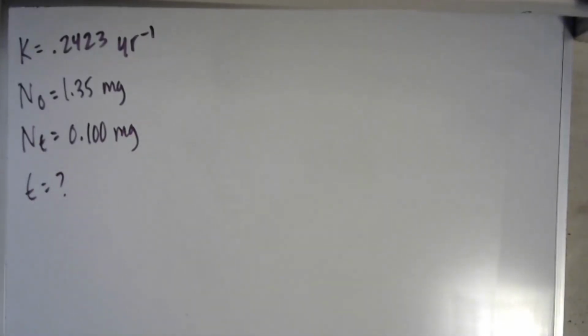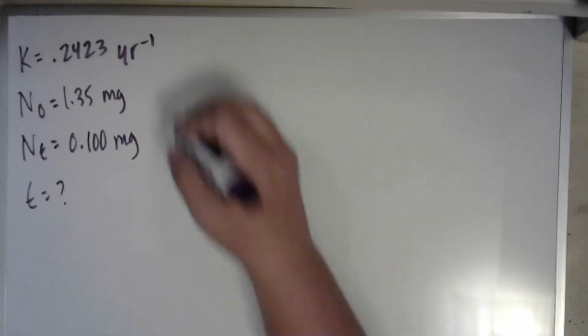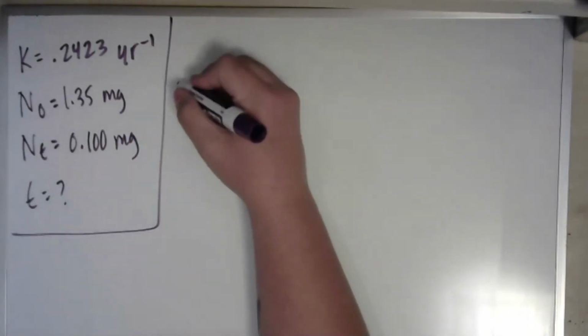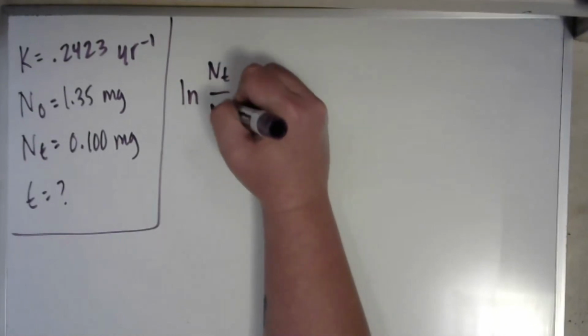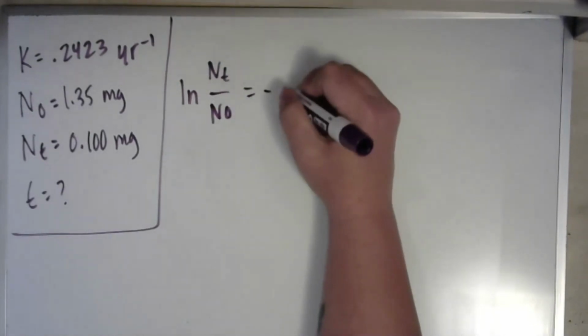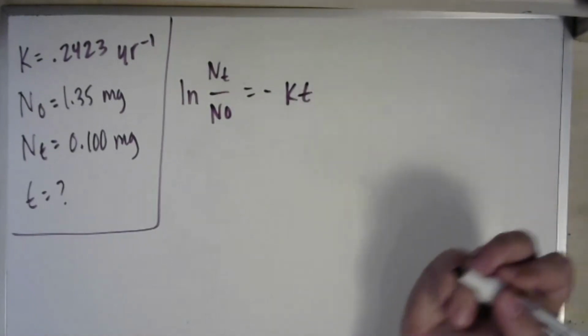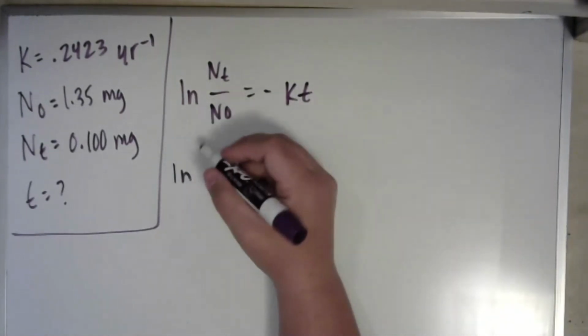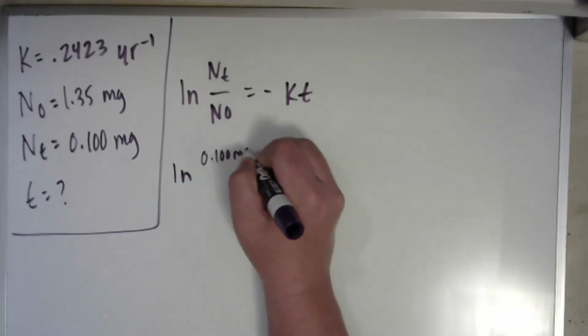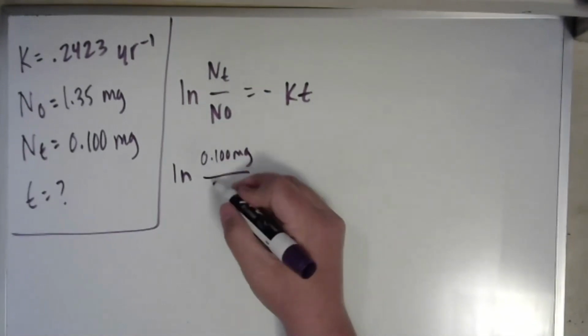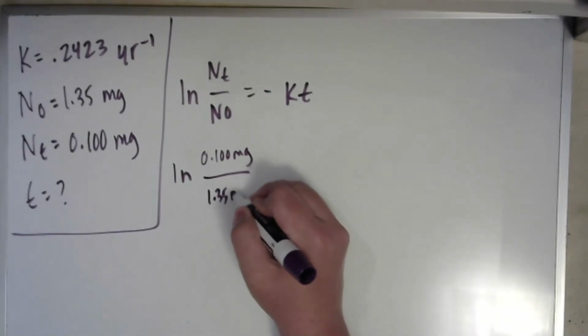All right. So we can write out our equation. Our N sub T is going to be 0.100. N sub 0 is going to be 1.35.